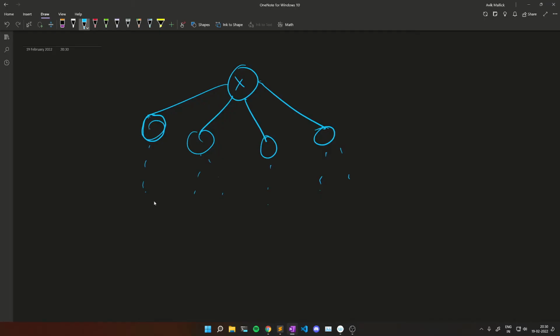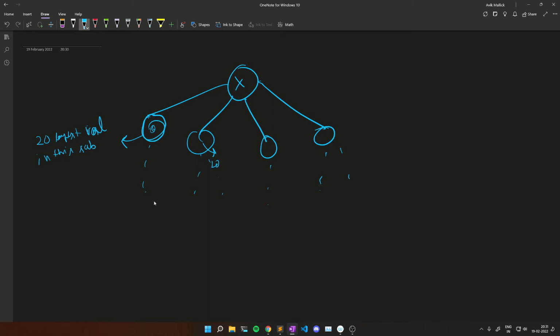So for this vertex, if I know the 20 largest values in this subtree, and same for this one, the 20 largest values.